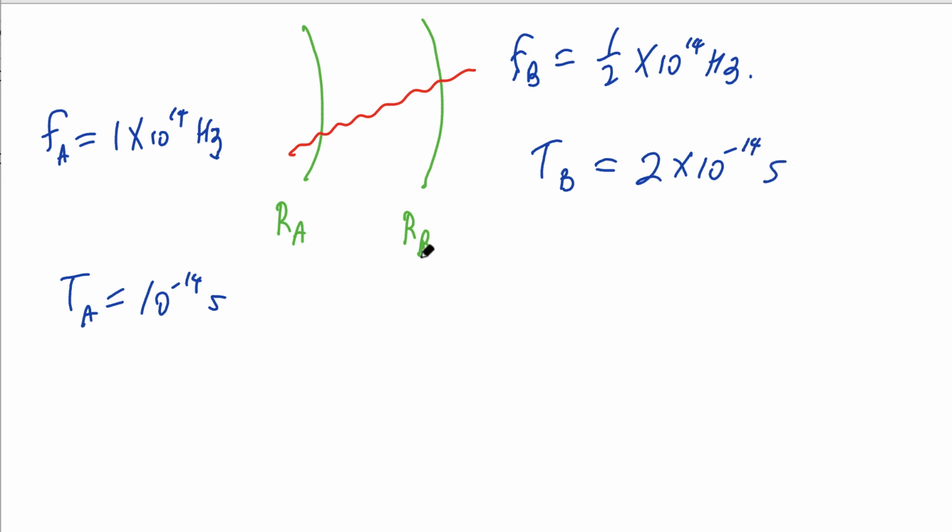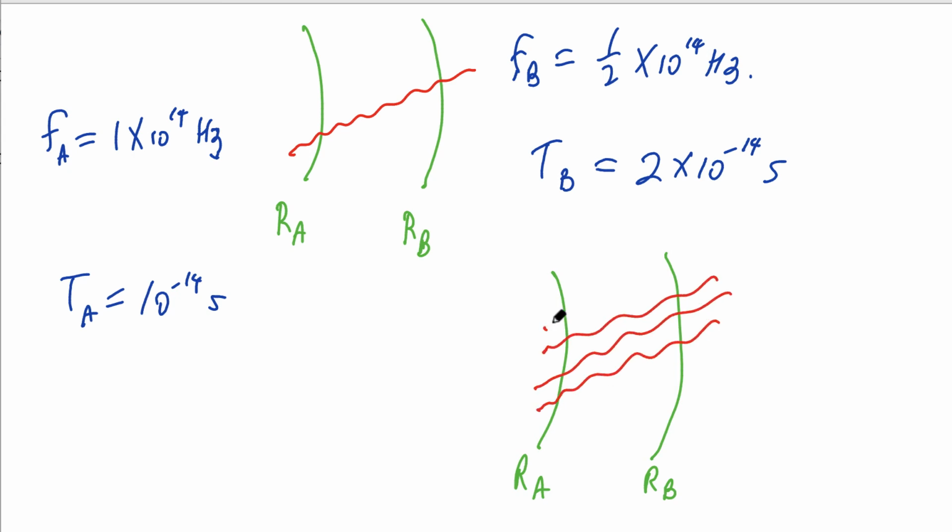And now let's string this picture out to a bunch of wave crests. So here's r sub a, here's r sub b, and we have a bunch of peaks in the electric field. Let's look at 10 to the 14th oscillations of the electric field, or 10 to the 14 wave crests.